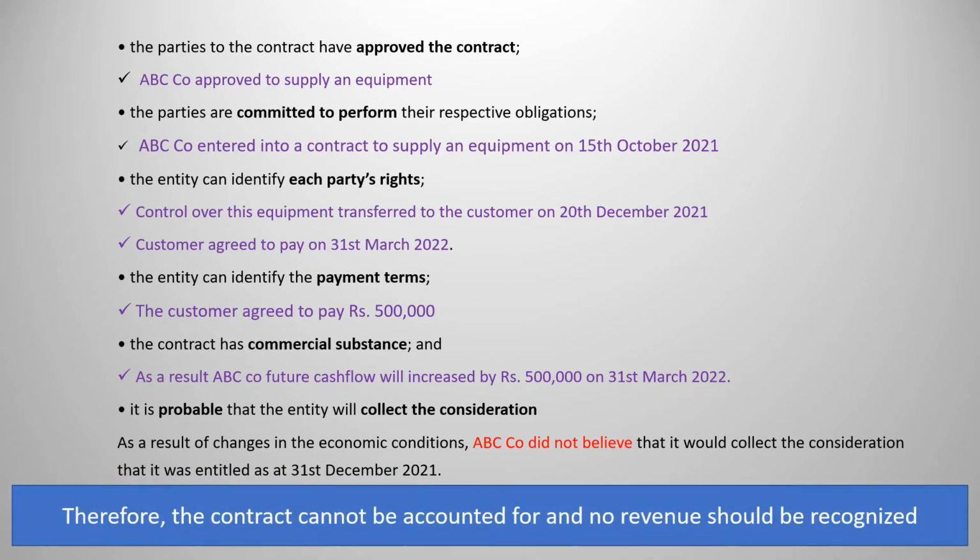Therefore, we can see it's not probable that the entity will collect the consideration. Therefore, we cannot account and no revenue should be recognized under this contract. Why? Because the probability, the final step of the criteria, has not been satisfied.